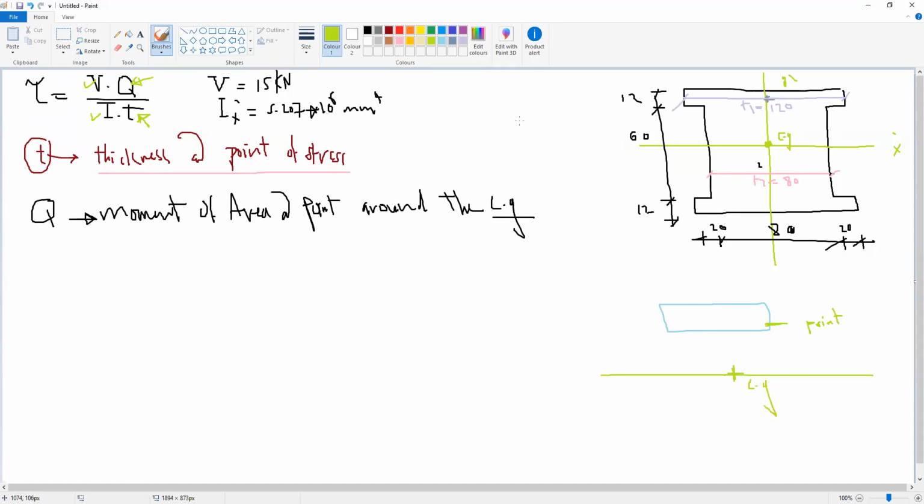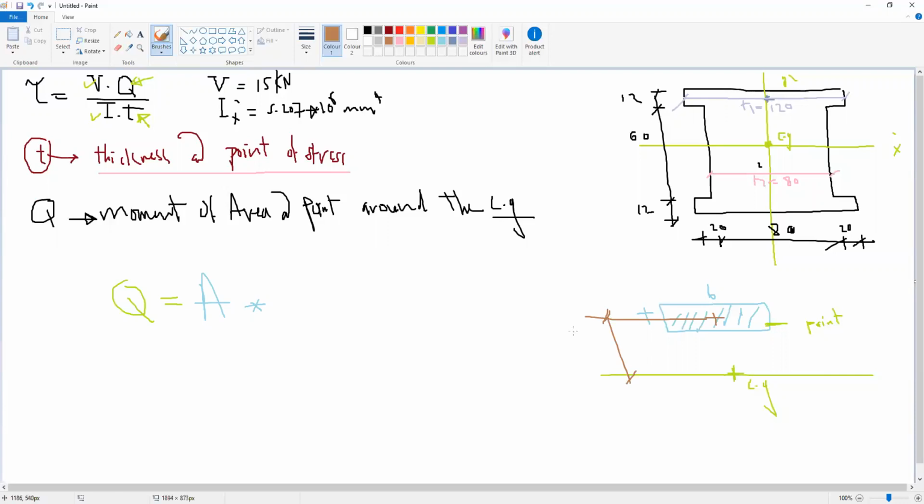So Q will be equal to the area, the hatched area, multiplied by the distance from its centroid to the CG of the whole section.